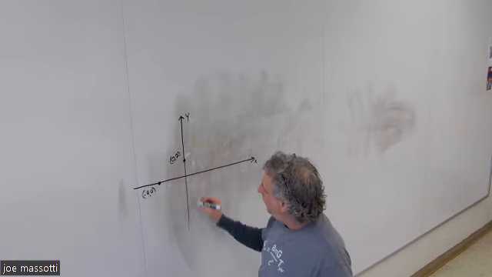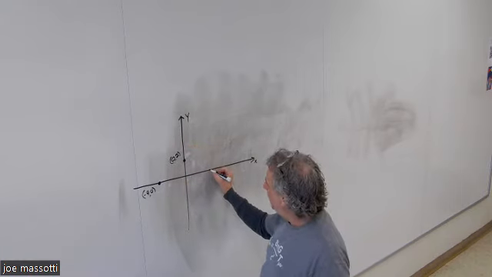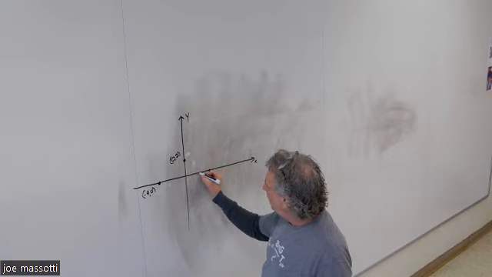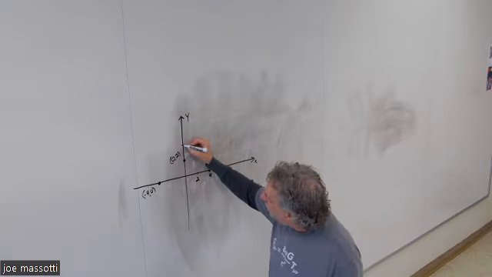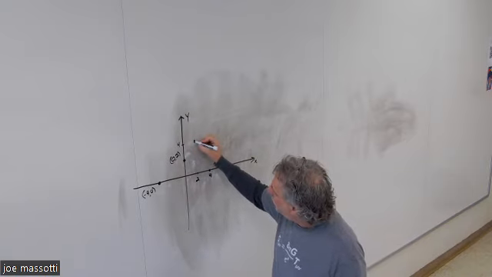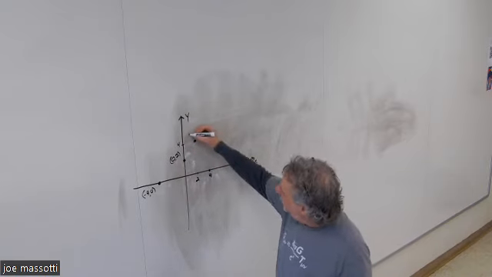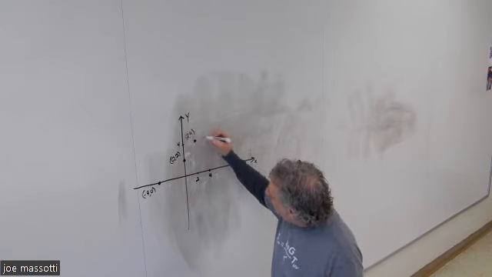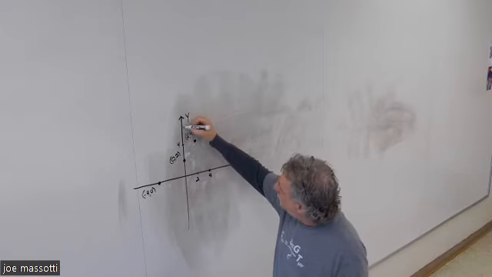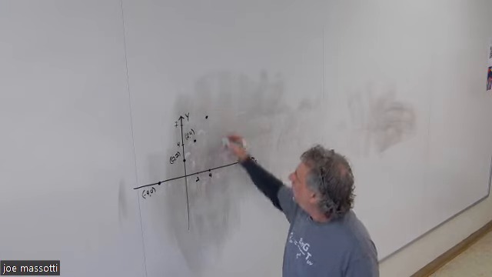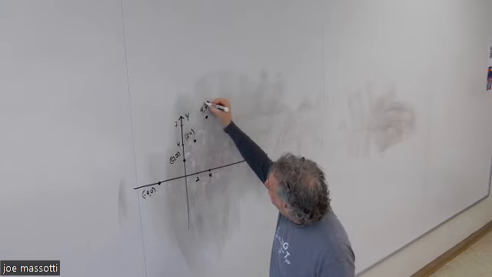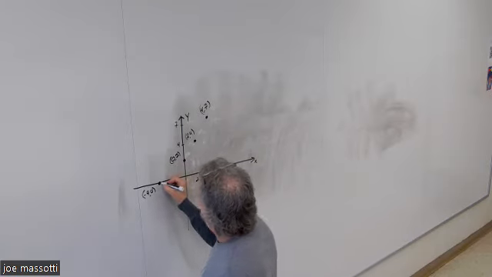So this is -4, 0, so that would be a 4 over here. Let's put a 2 in here and say 2, 4. 2, 4 is a point up here. And one more, let's go for 7, 4, 7 up here. Okay, so this fits the definition of a function.